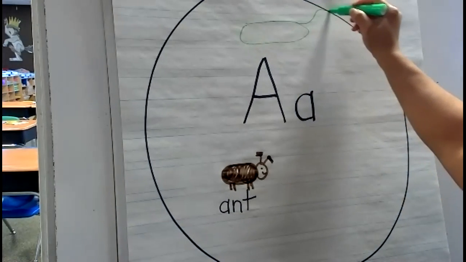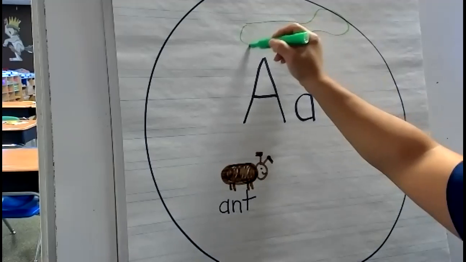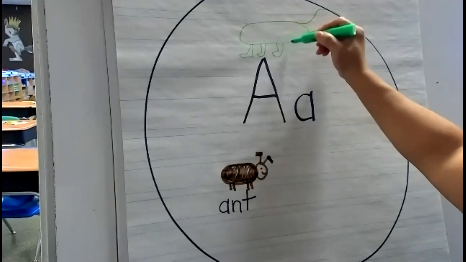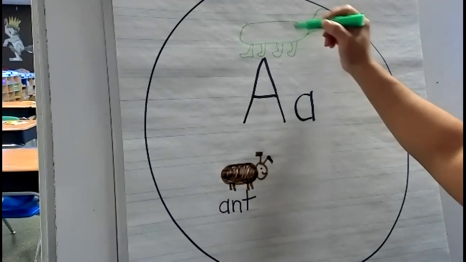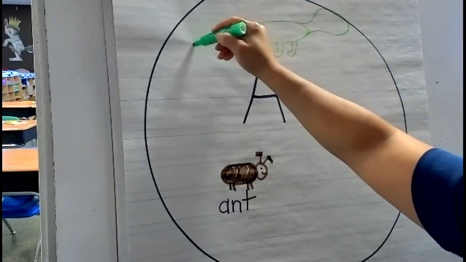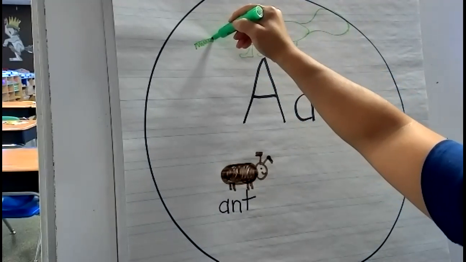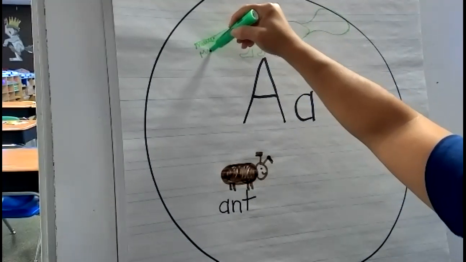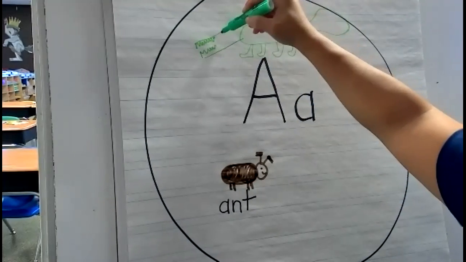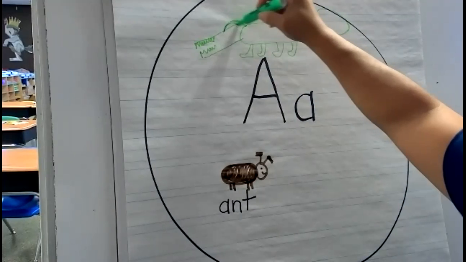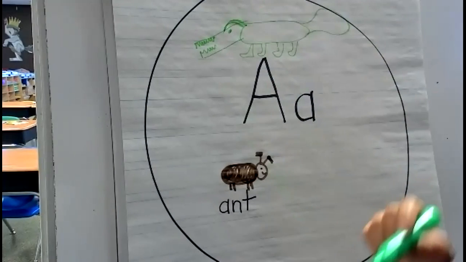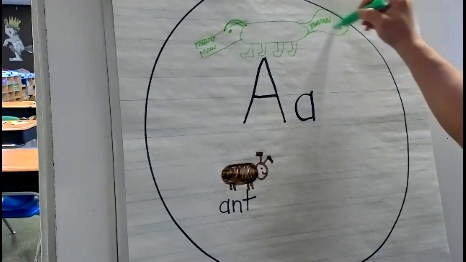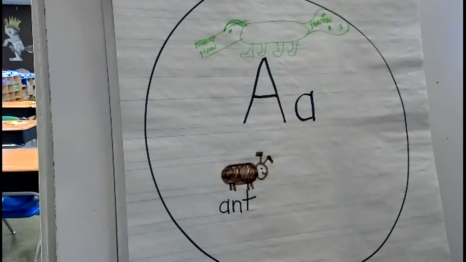It has a big tail. It's a big feet. And then it has lots of teeth. A crocodile. What does that kind of look like? Does anybody know?